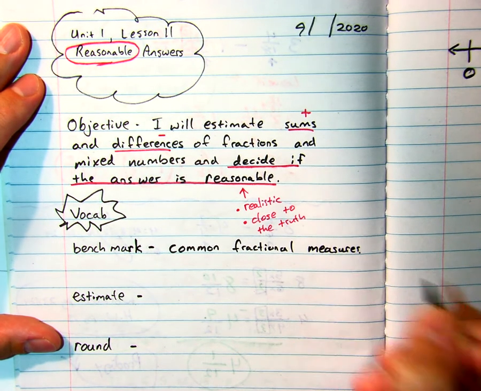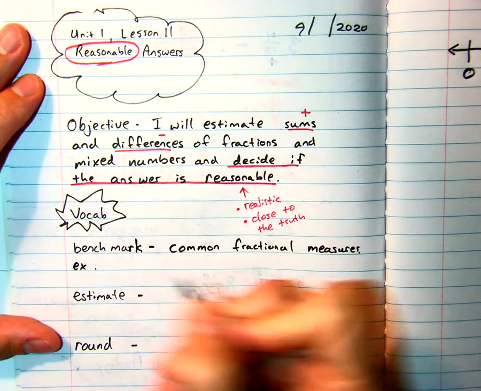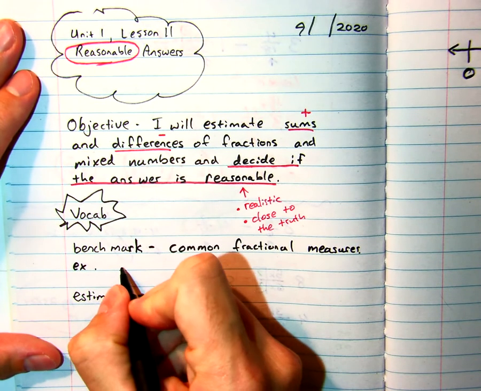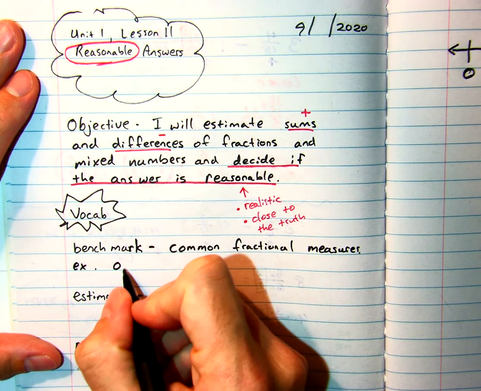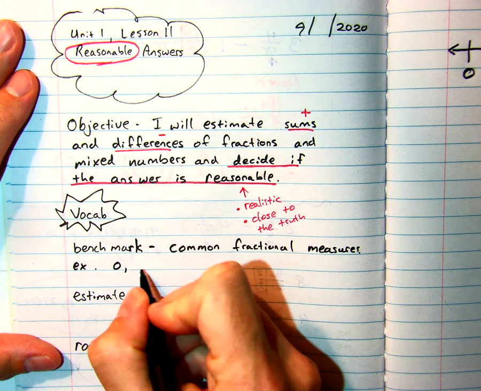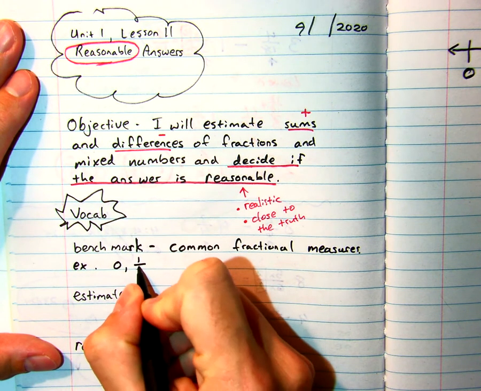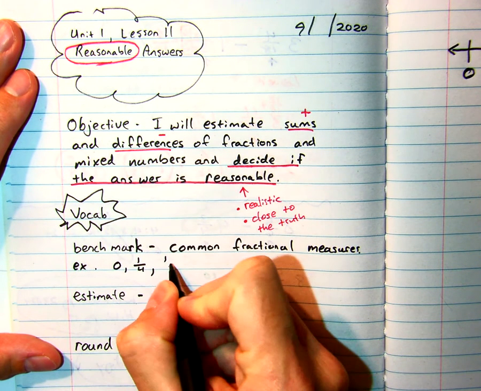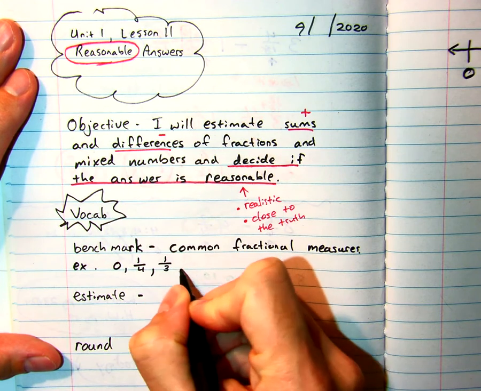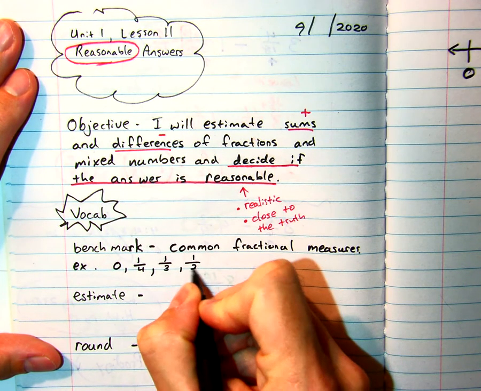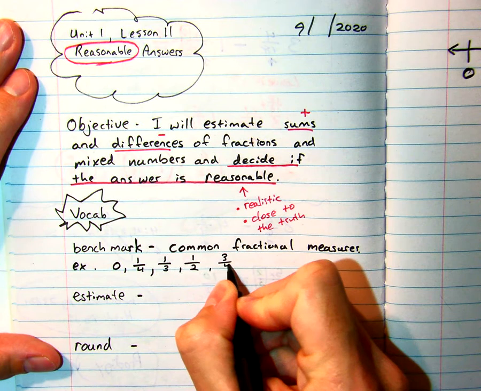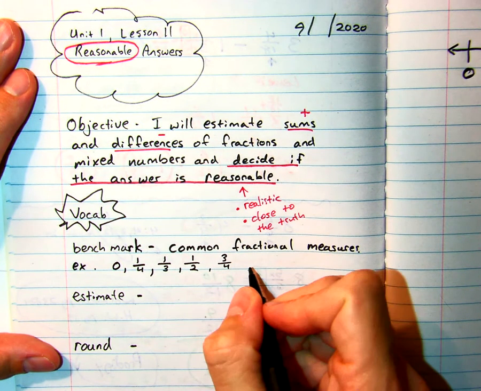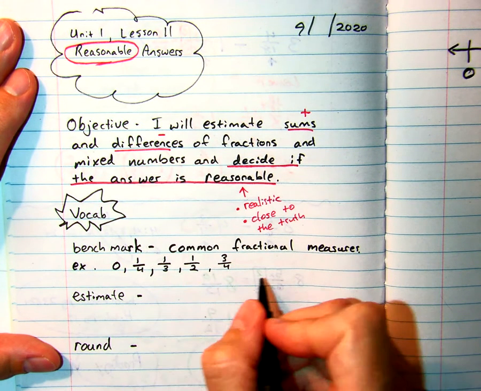Some examples of a benchmark fraction would be 0. If we have less, are we close to 0? Are we close to a quarter? Are we a third? Are we a half? Are we 3/4? We probably have 2/3 in there as well. These are just very common fractions.